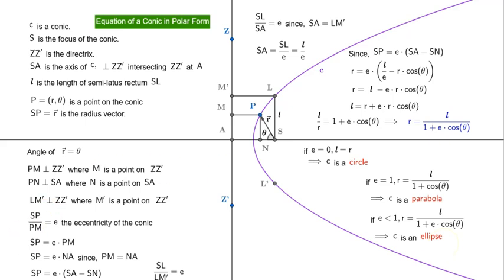And finally, if e is greater than 1, r is equal to l by (1 plus e cos theta) gives us a hyperbola. So we have arrived at a general equation using which we can arrive at a circle, parabola, ellipse, or hyperbola. So this is the equation of a conic in polar form.